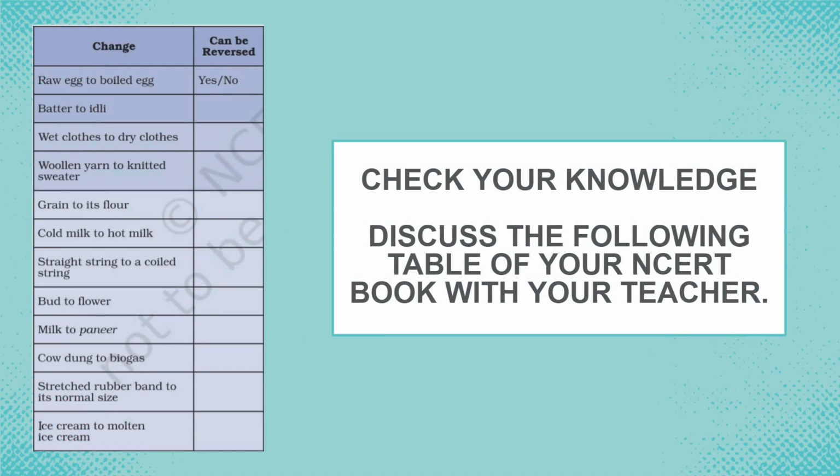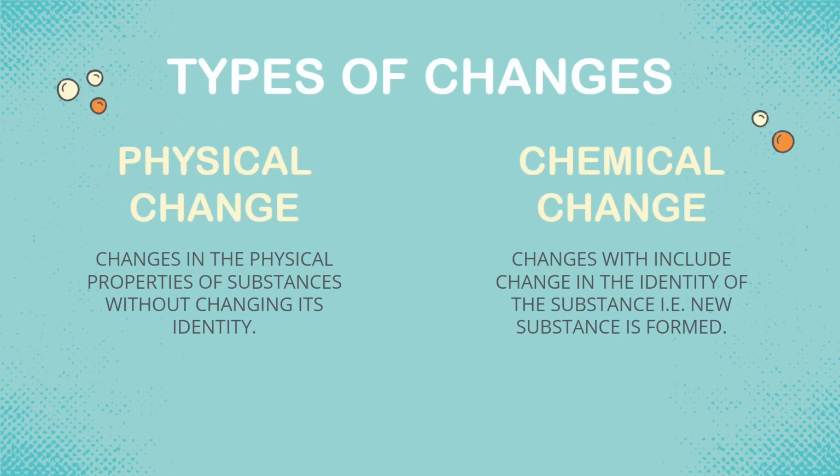Look at this table. Let us check your knowledge. In the table, there are some changes given which can be reversed and which cannot be reversed. You just have to write yes or no against each change. Do it yourself. As discussed above, we have also studied about physical and chemical changes.